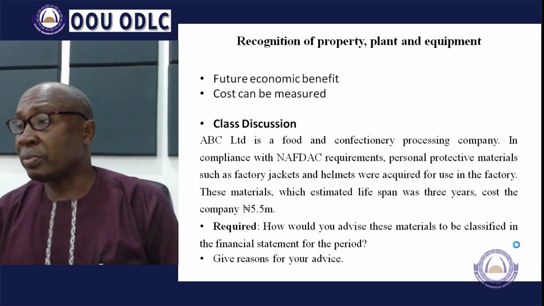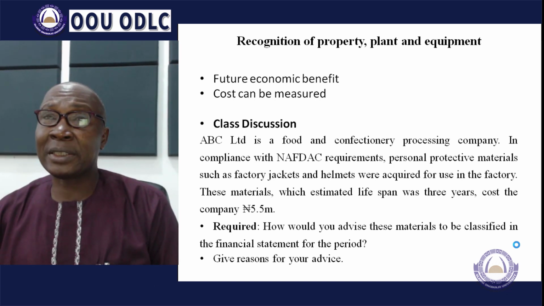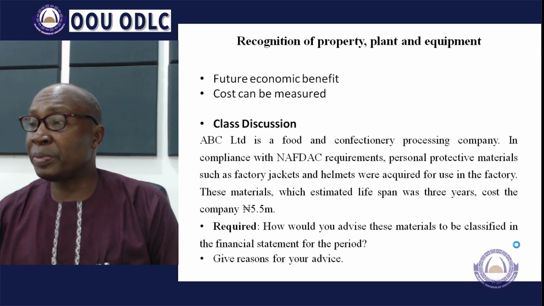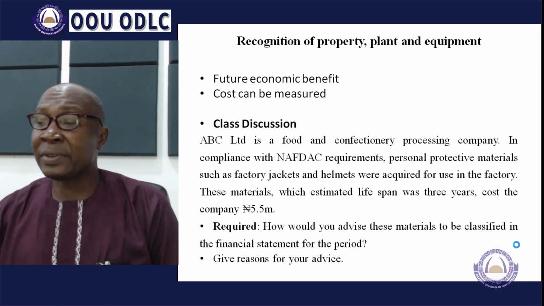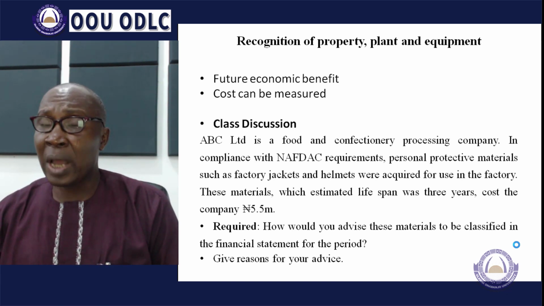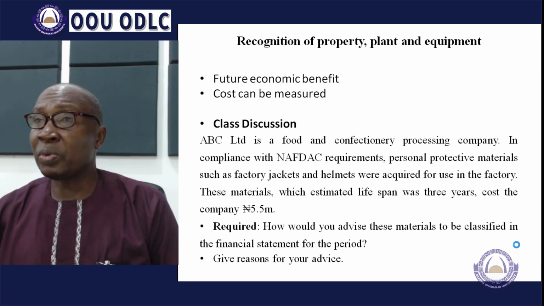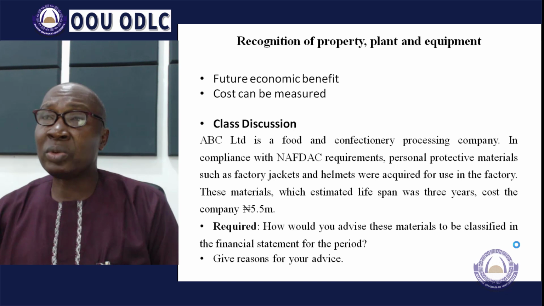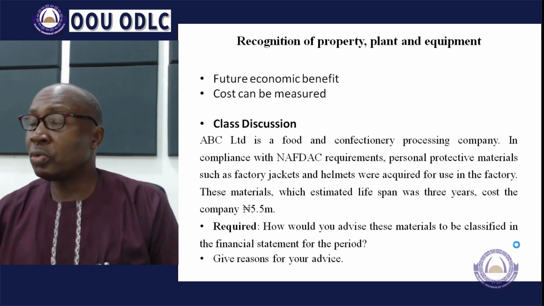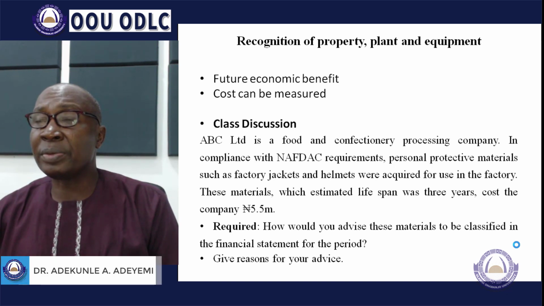The materials in question are to be classified as property, plant and equipment, and the reasons for the classification, as given from the question, are: 1. The materials are required to be used in the production process because they are being used in the factory. 2. Future economic benefits associated with the materials will flow to the company. 3.